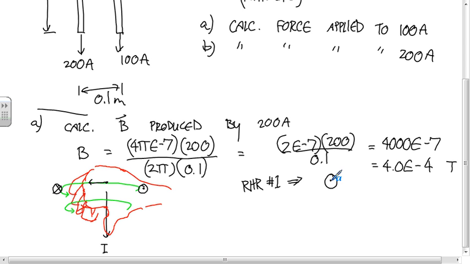Okay, so now we can go on to calculating the force. We have a current of 100 amps that way. A magnetic field, if you put them tail to tail, magnetic field comes out of the board with a magnitude of 4 times 10 to the minus 4 Tesla.